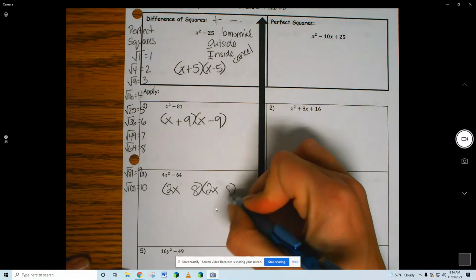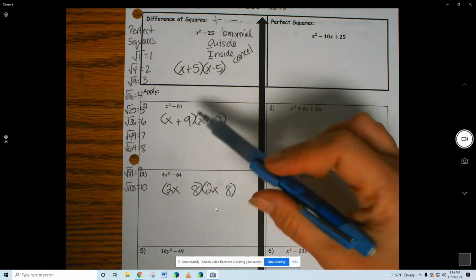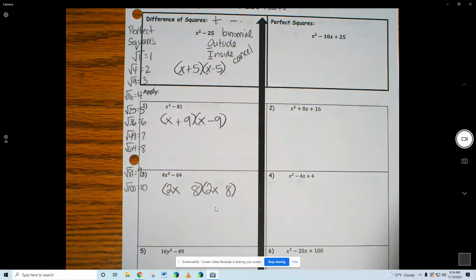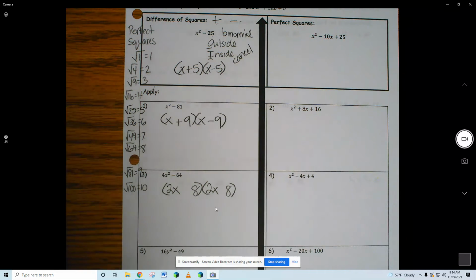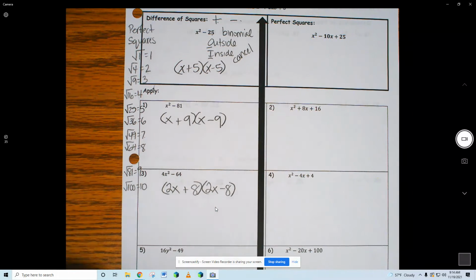So I put the 8s there. Everything here is a perfect square. 25, 81, 4, 64. These are all perfect squares. And what is my signage going to be? Plus minus. You're done.